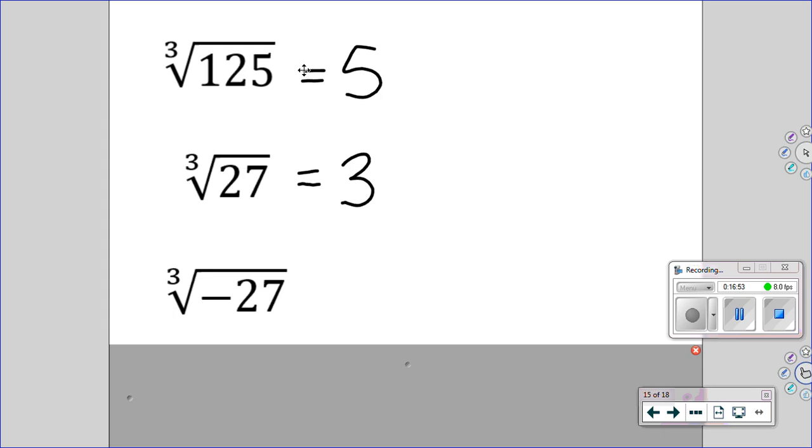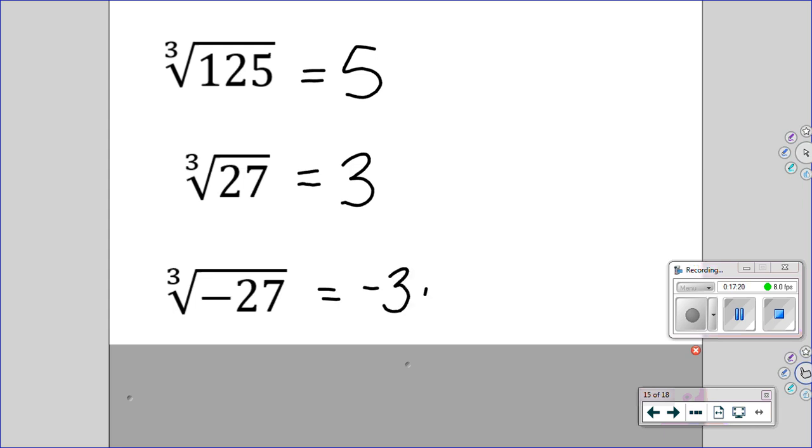What's the cube root of negative 27? Lots of hands up. I like the enthusiasm. No solution? Michael's still jumping. Oh, there would be a solution on this one, because it'd be a negative times a negative times a negative. And what would that negative be? Negative 3.